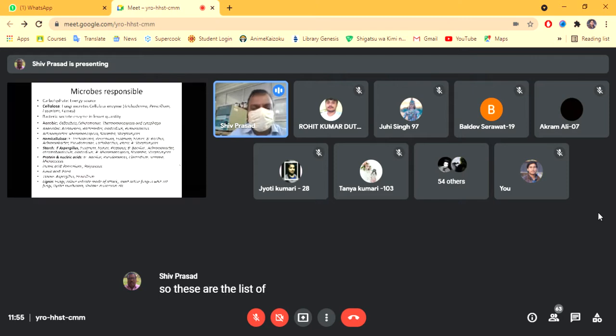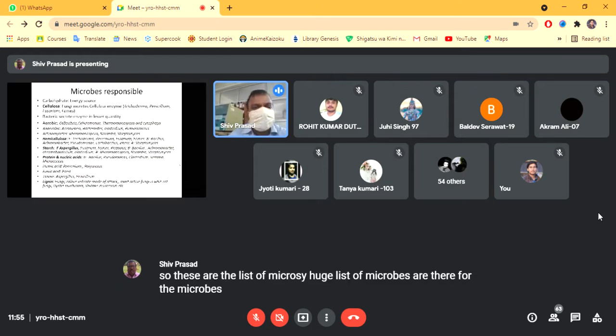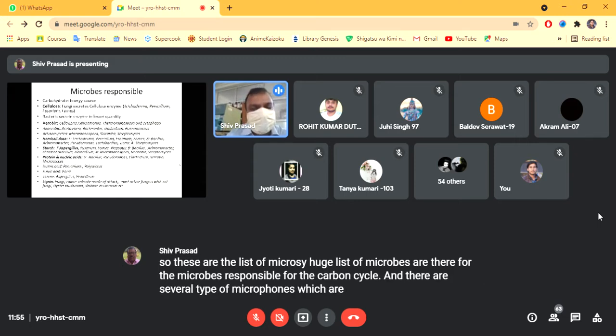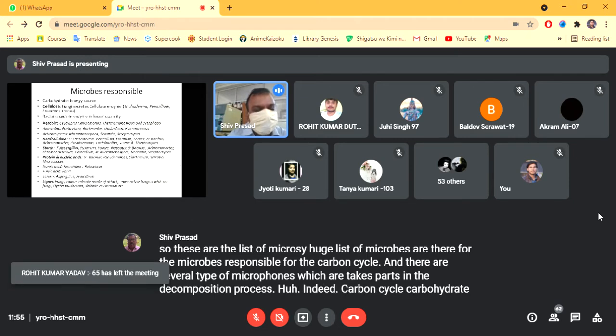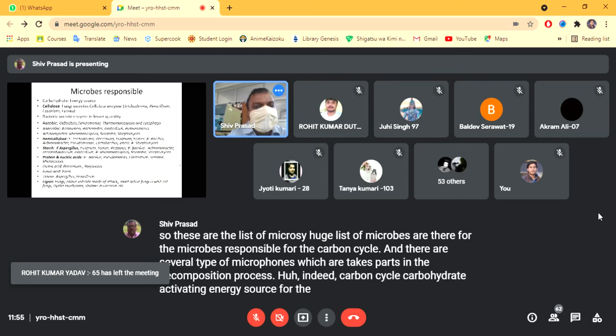A huge list of microbes is responsible for the carbon cycle, and there are several types of microorganisms which take part in the decomposition process. In the carbon cycle, carbohydrate acts as an energy source for the microorganisms.